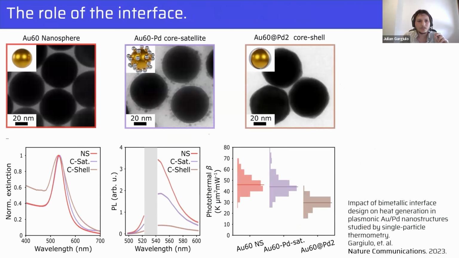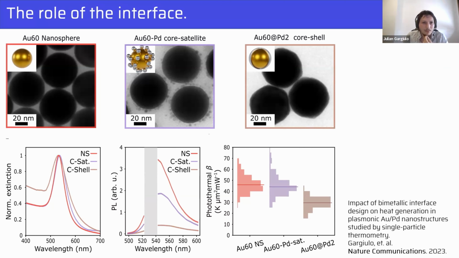We prepared two systems that had exactly the same amount of gold and palladium, but with a different interface. In one case, we had a 2 nanometer continuous shell. And in the other case, it was exactly the same amount of palladium, but instead in small satellites. In this way, the interface between both materials is minimized.